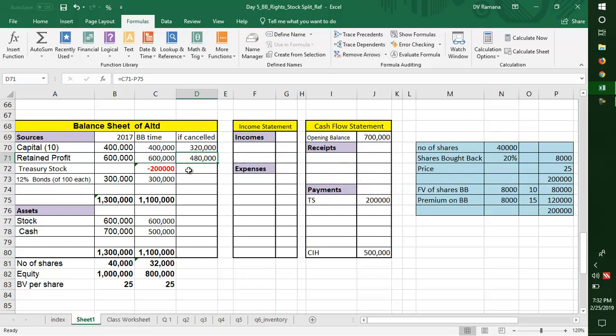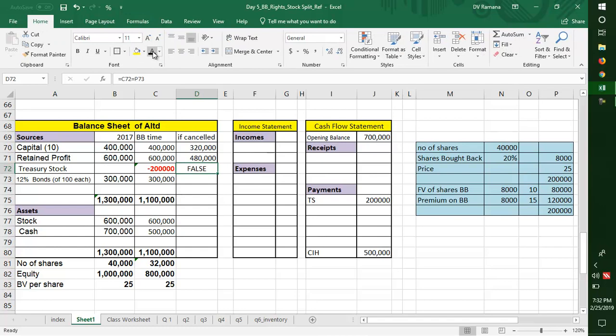What happened to the treasury stock? It is now cancelled, right? Because they are cancelled, therefore the treasury stock will become zero. The treasury stock will not be there anymore, because the treasury stock has been sold or cancelled.